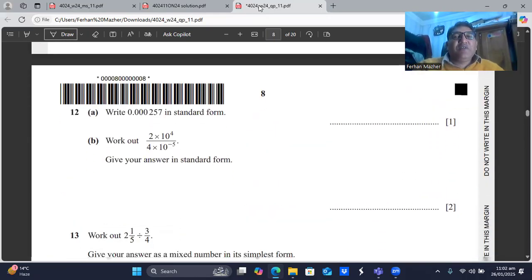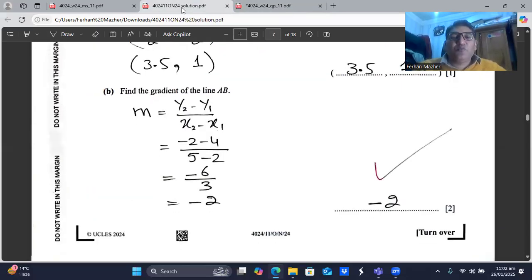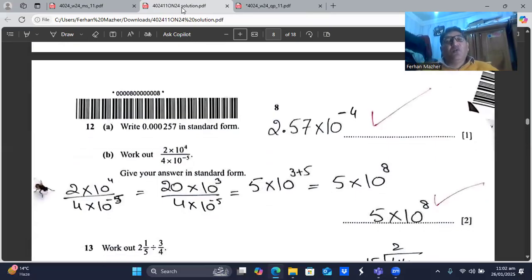Okay, so then we have question number 12 coming up on your screen. He says write 0.000257 in the standard form. For the standard form, I will move this decimal 1, 2, 3, 4 steps to the right. So it will become 2.57 raised to power minus 4.